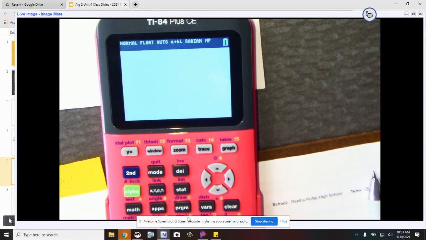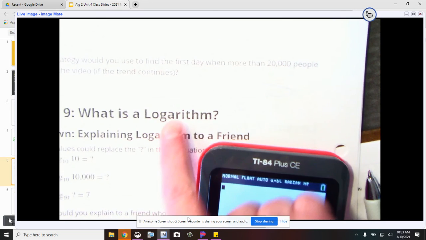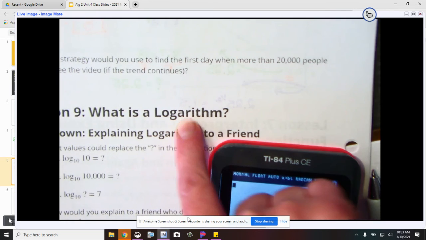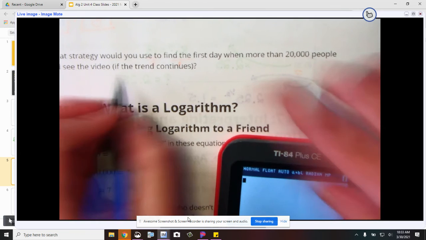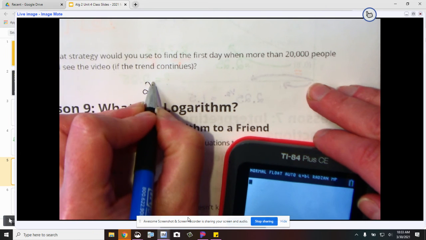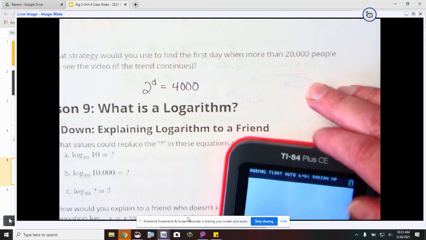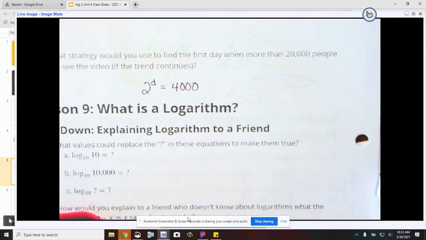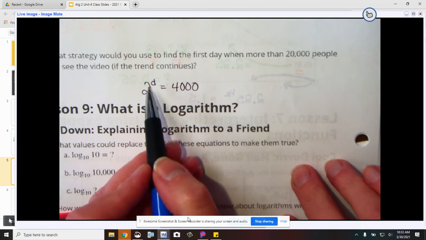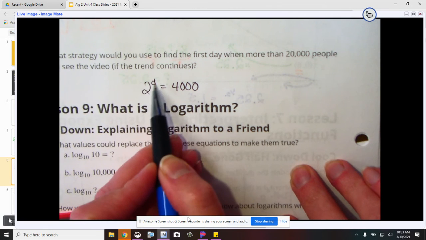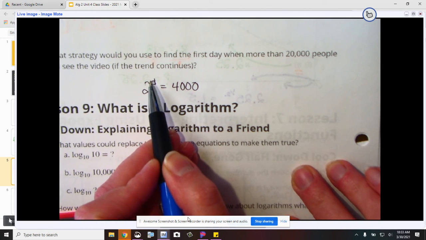And from what we started learning yesterday, we actually could also use this thing that we have right here in our next cool down about the logarithm. So if we needed 2 to some unknown exponent to equal 4,000, I think we had a chance to take a brief look at this yesterday, that a logarithm helps isolate an unknown exponent.